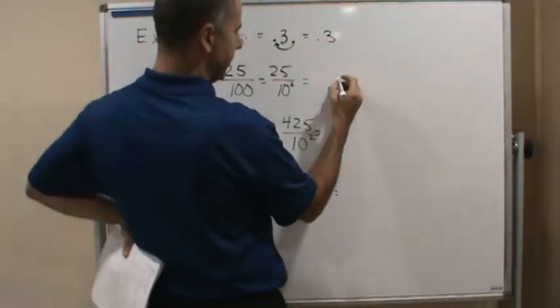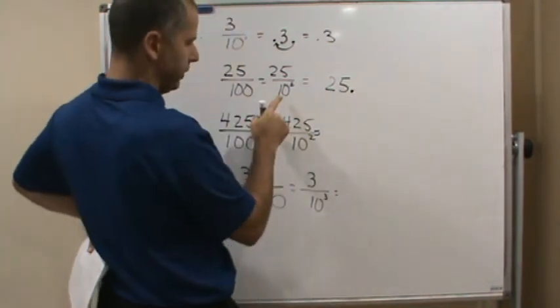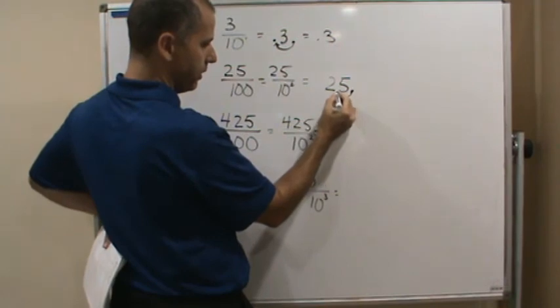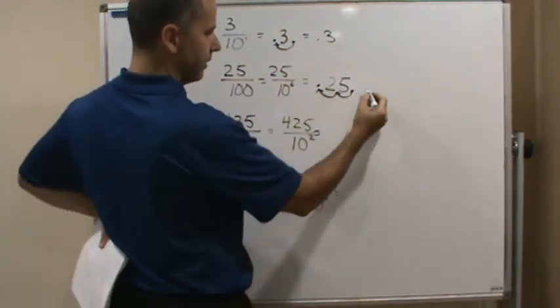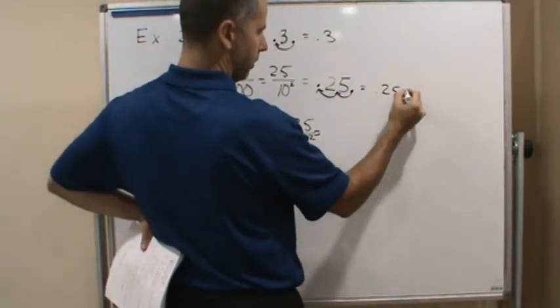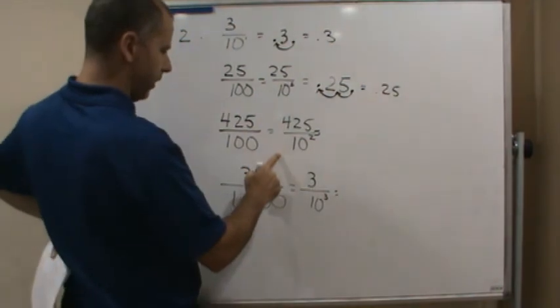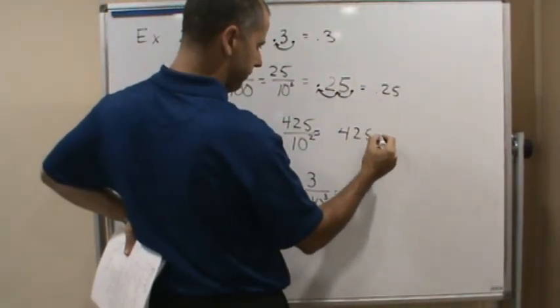So if we write this as 25, and we have this decimal point, well, what are we going to do? We're going to move the decimal point to the left twice. And we get 0.25. And then same thing here, right? This is going to be 425.